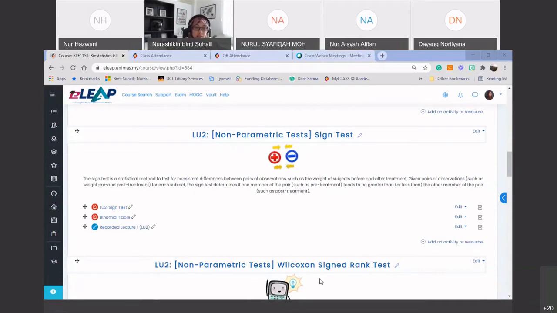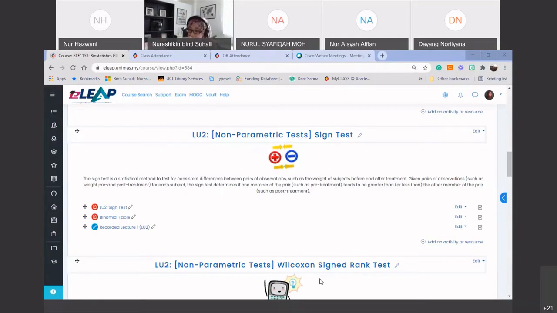Firstly, the bottom line of any statistical test is to compare sets of data. Even before that, the sign test only talks about comparison in terms of the signs, S-I-G-N.